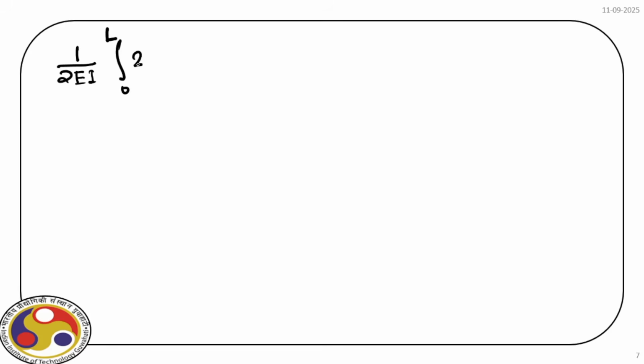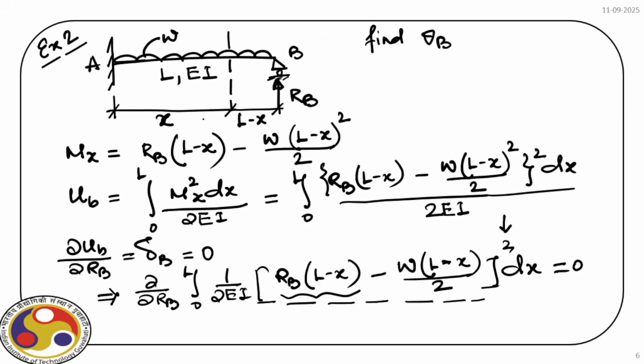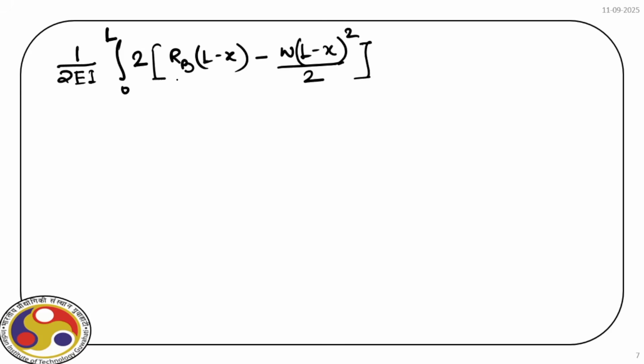So we have here 2 times, within the bracket we have RB times L minus x minus omega L minus x whole square divided by 2. So that is the third bracketed term. Then we have to again differentiate this part with respect to RB. So we'll get L minus x and then dx. This is equal to 0.